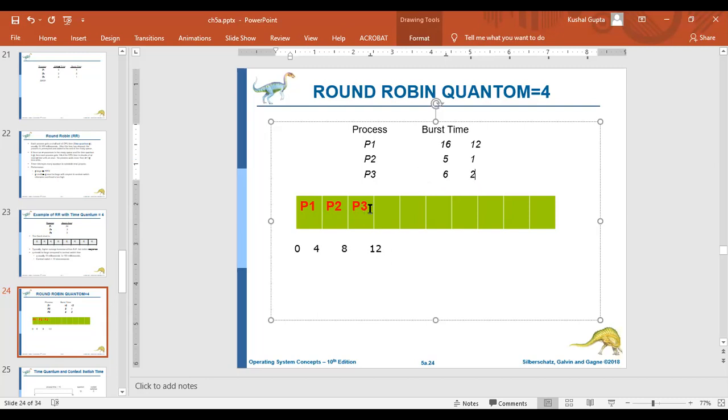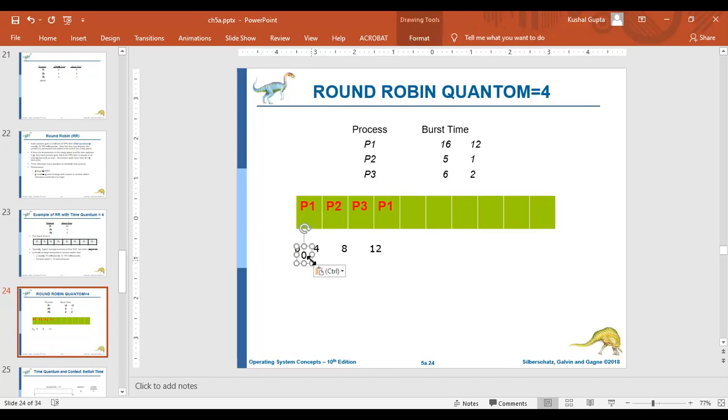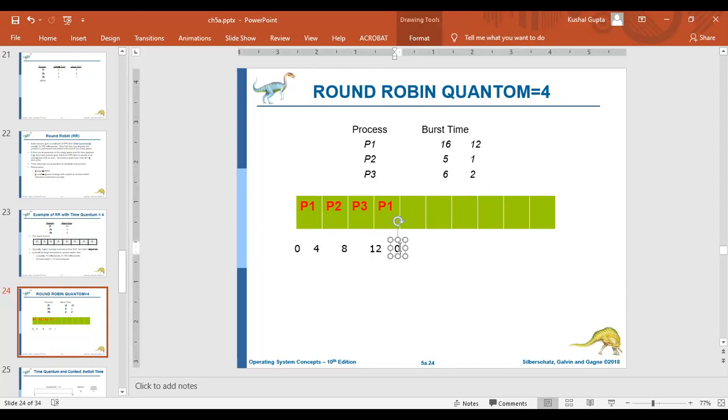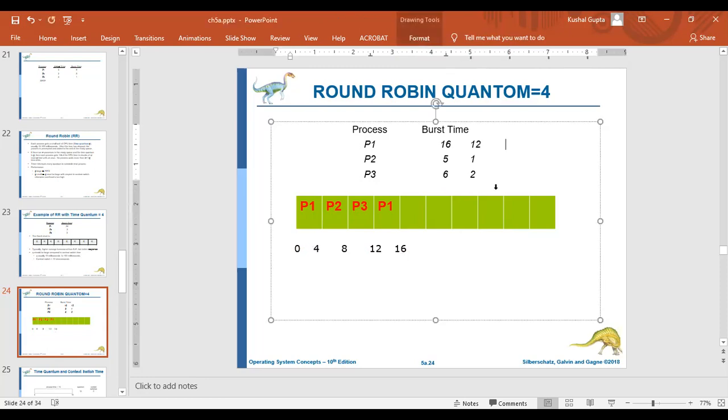Now after this P3, again P1 will come. We are moving in the sequence. P1 is again coming. Until what time P1 will be running? P1 will be running till 16. Again 4 units of time. Now how much time P1 is remaining? 8.